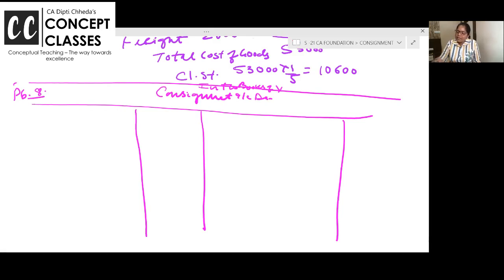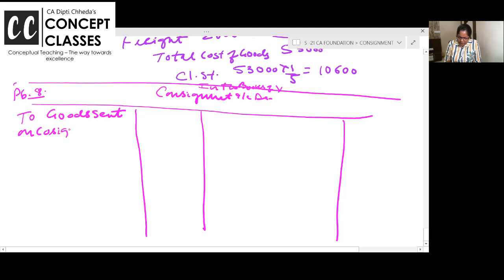Y consigned 800 packets of toothpaste, each packet containing 100. Goods sent on consignment is like purchases. So how many goods are sent on consignment? 800 packets, and each packet is of 900. 8 nines are 72, so 7,20,000.